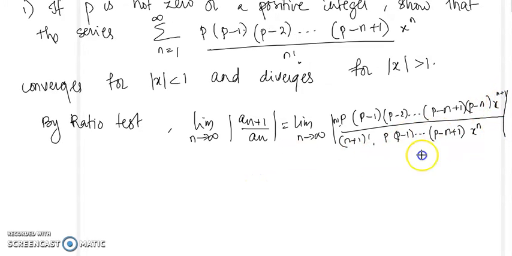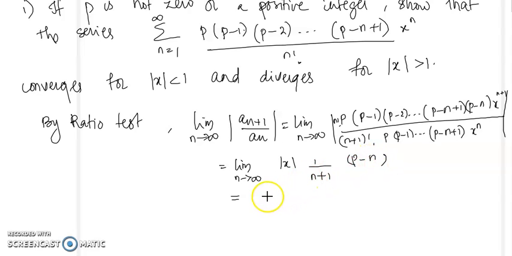That will be equal to the limit as n tends to infinity of mod x times (p minus n) by (n plus 1). The limit of this term will be mod minus 1, so you will have mod x into modulus of minus 1, so that is mod x.